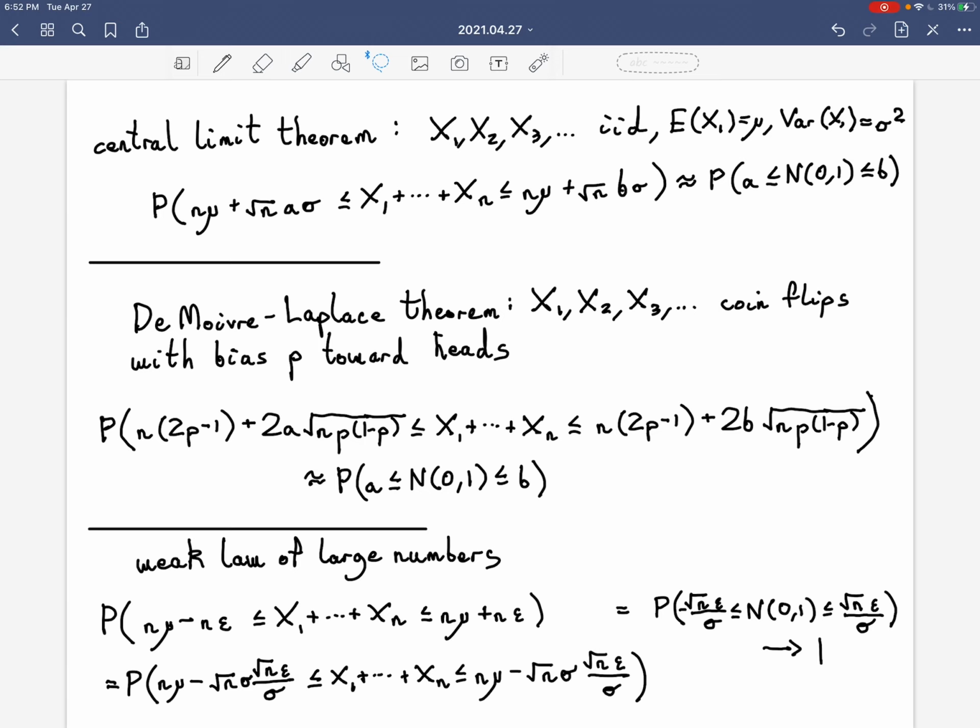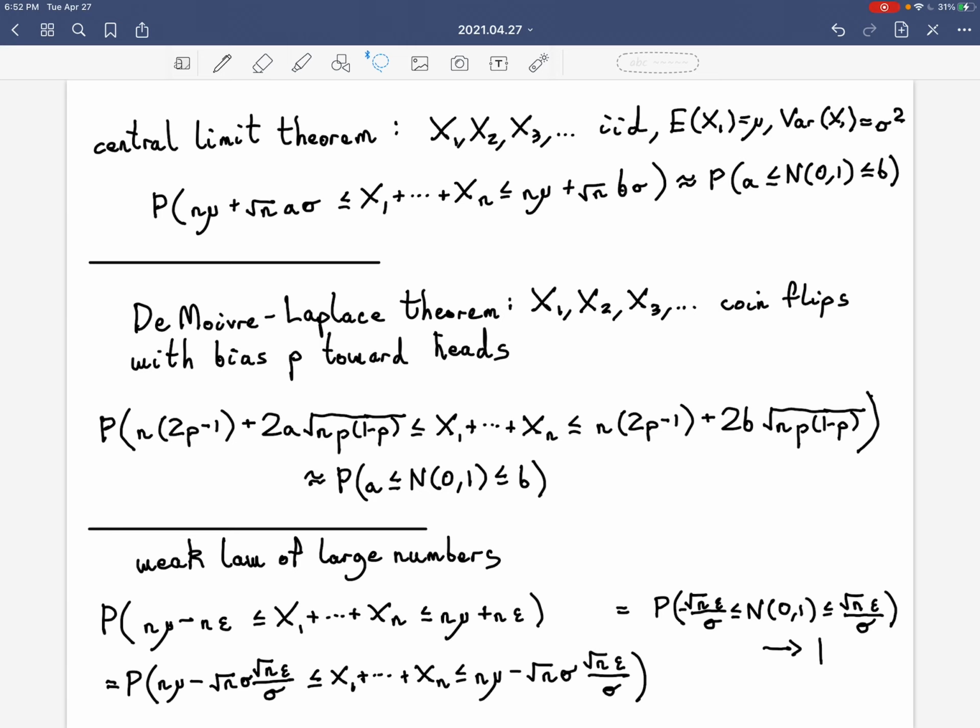And so the de Moivre-Laplace theorem, we had these coin flips with a bias of p towards heads. And we had these explicit parameters where we always had specific values of n and p. And when we were dealing with the de Moivre-Laplace theorem, what we kept doing was calculating 2p minus 1 for the mean and 2 square root p(1 minus p) for the standard deviation.